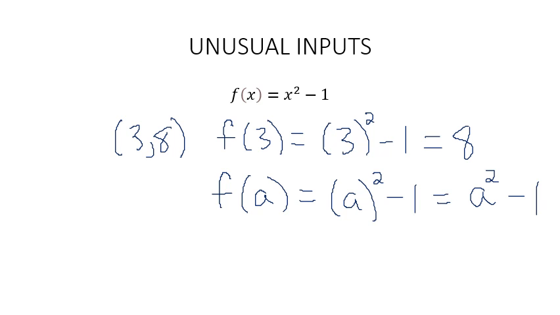And this makes a lot of sense. When x is equal to a, x squared minus 1 is equal to a squared minus 1. The x just changed its name. So on this graph of f of x equals x squared minus 1, there's also some point (a, a squared minus 1). Not very interesting, but that's what this point represents.